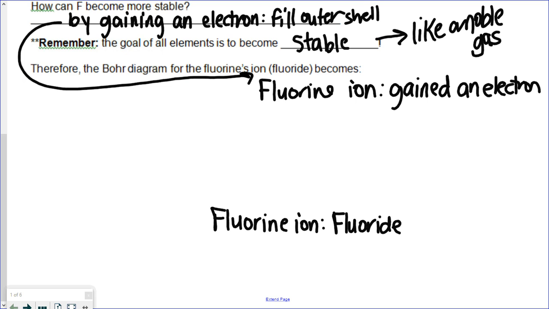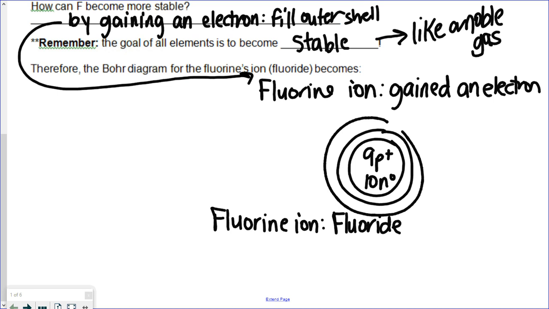So when I would draw out the Bohr diagram for fluoride, what it actually looks like, oh, sorry, it has 10 neutrons. Sorry, I'm doing these kind of out of order, but overall now we have, again, 2 in the innermost shell, and now we have 8 electrons represented in our valence shell.